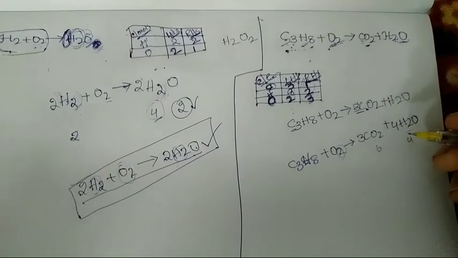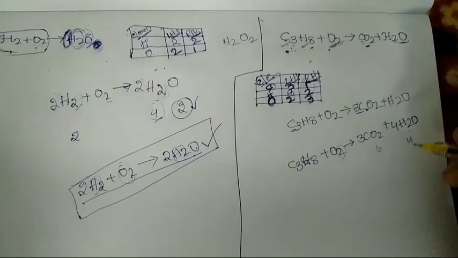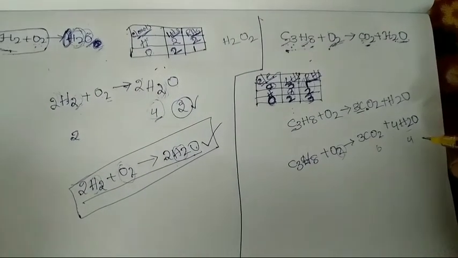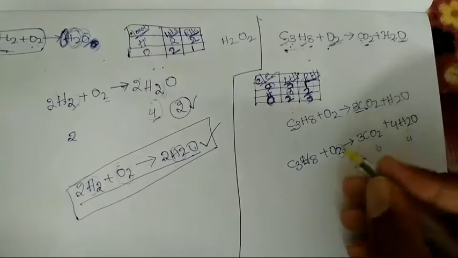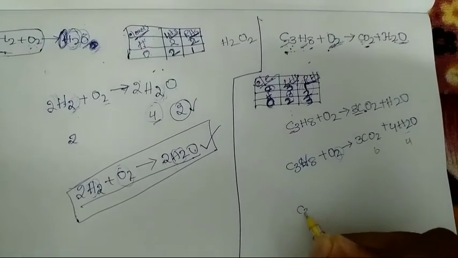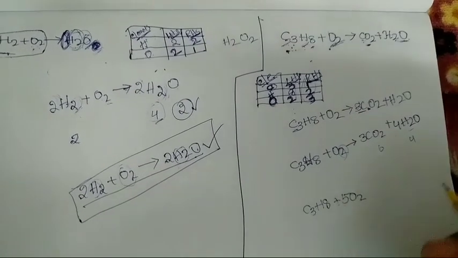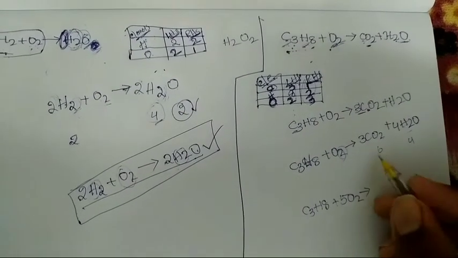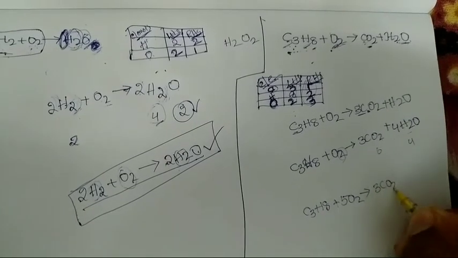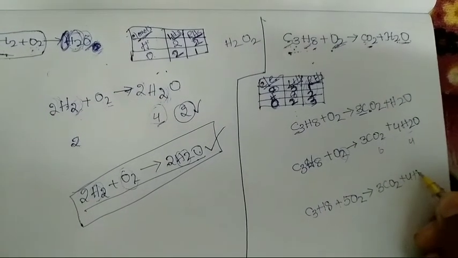By multiplying something by 2 we get 10. What is that number? Yes, you are correct. 2 fives are 10. That means here we can write 5. C3H8 plus 5O2 gives rise to 3CO2 plus 4H2O.